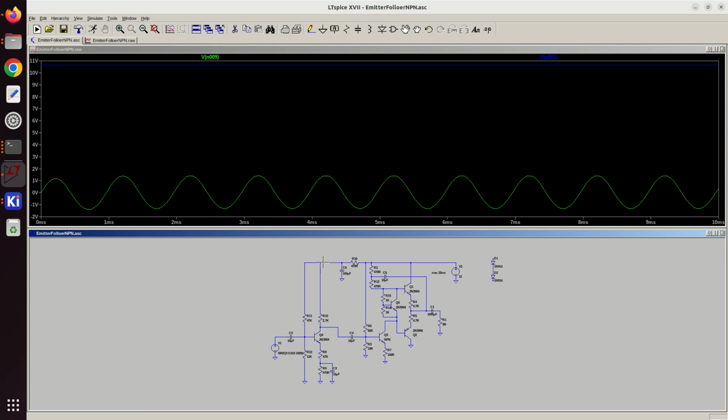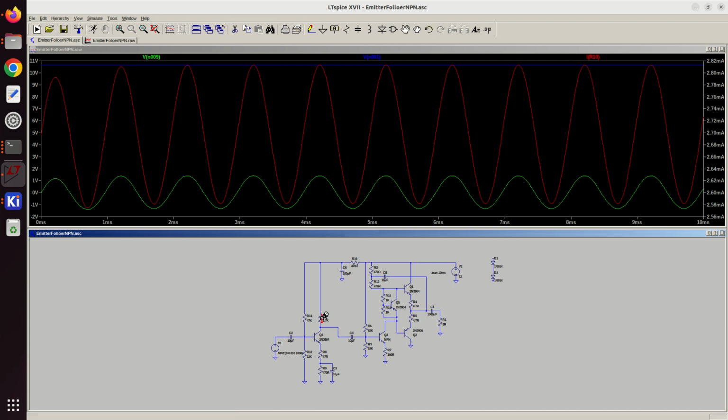Really interesting to see what this is here. So yeah, we have dropped a little bit, but the capacitor is keeping the voltage stable because there's not a lot of current here. Don't actually know how much current is here. Okay, so was it plus or minus 2.8 milliamps approximately, and what current have we got here?